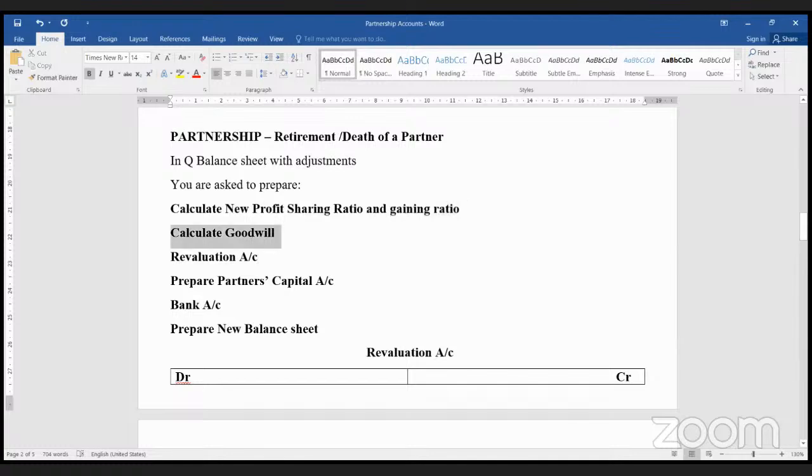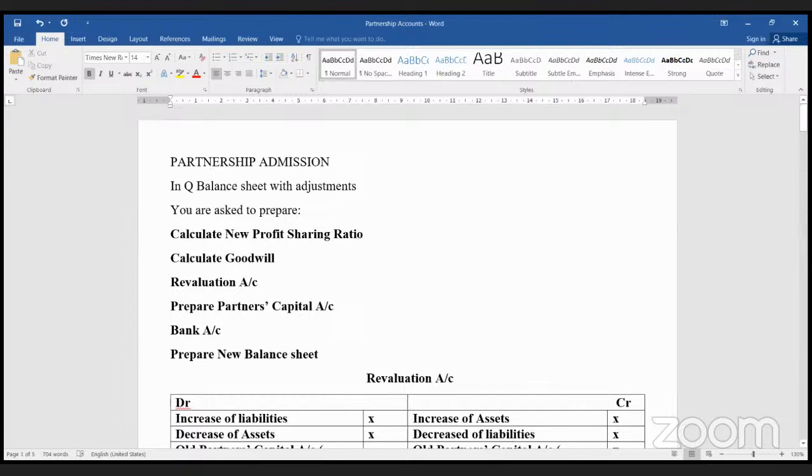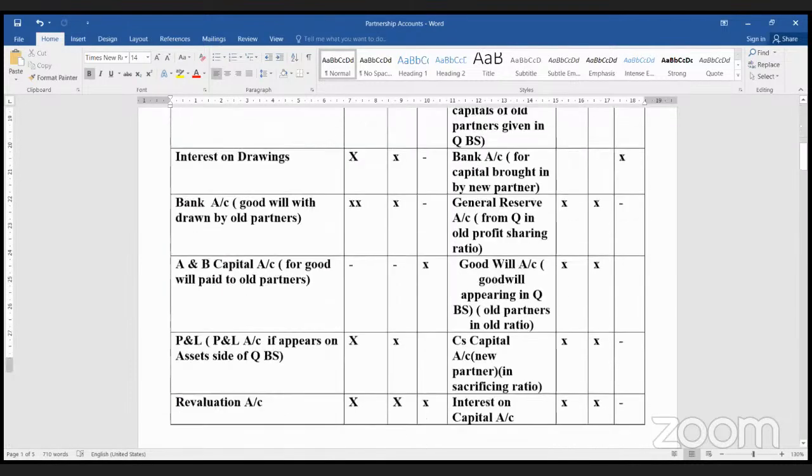Now after that, calculating the goodwill. Here, who will give goodwill to whom? In admission, the new partner pays to old partners, because of his admission, old partners are sacrificing their share.